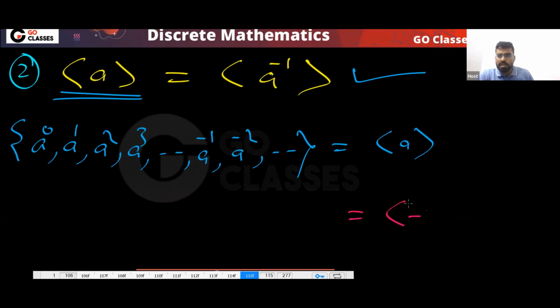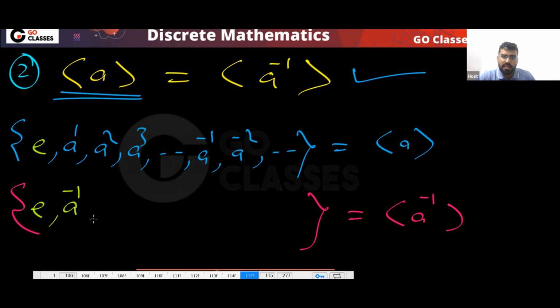And what is the subgroup generated by A inverse? You will have the identity element, because that is your A inverse power 0. Then A inverse, A power minus 2, A power minus 3, and so on.